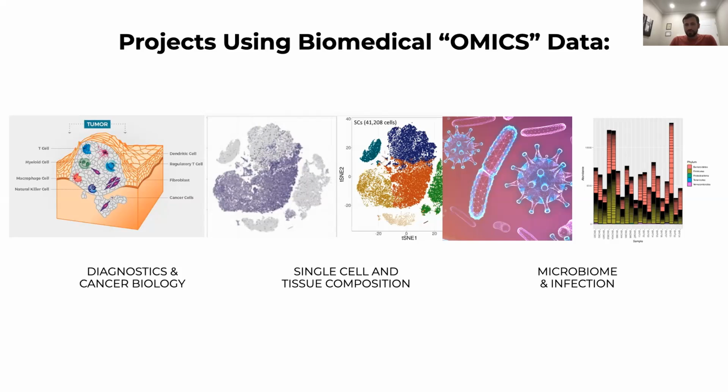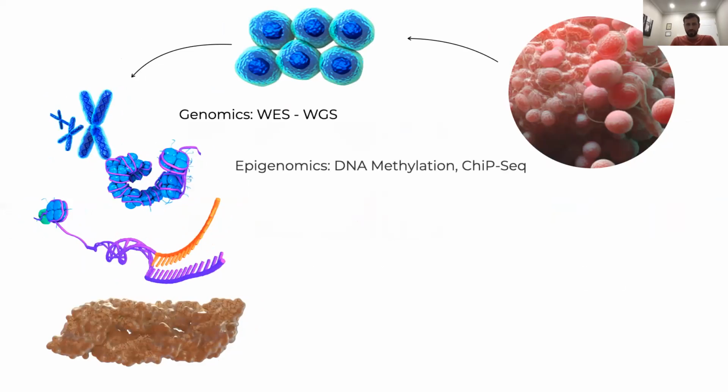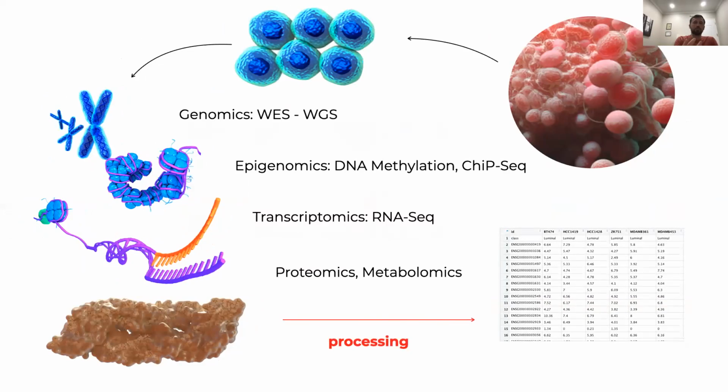So as I mentioned, an important part of all of these types of omics data is that they have to be processed. So essentially, when we talk about generating such digital data, we're talking about taking a sample and applying a specific technology that extracts some portion of that sample, of that biological material, to produce digital data describing genomic variation, epigenomic regulation, transcriptomics, how genes are expressed, or even how proteins or metabolites are expressed.